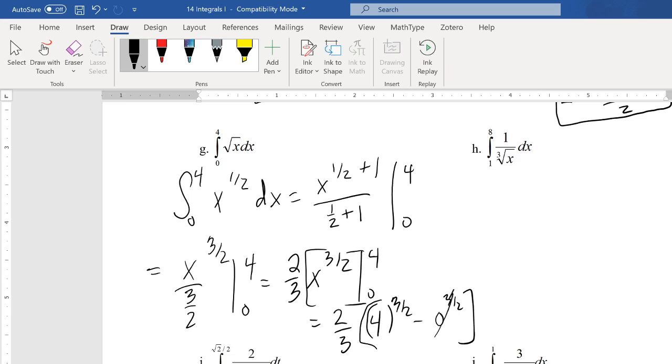Of course, this is going to be 0 anyway. So, 4 to the 3/2, so 4 square root is going to give us 2. 2 cubed is going to give us 8. So it is 16/3.